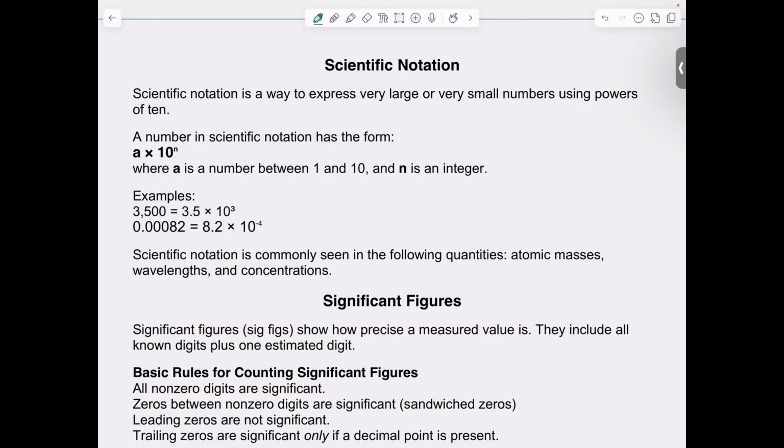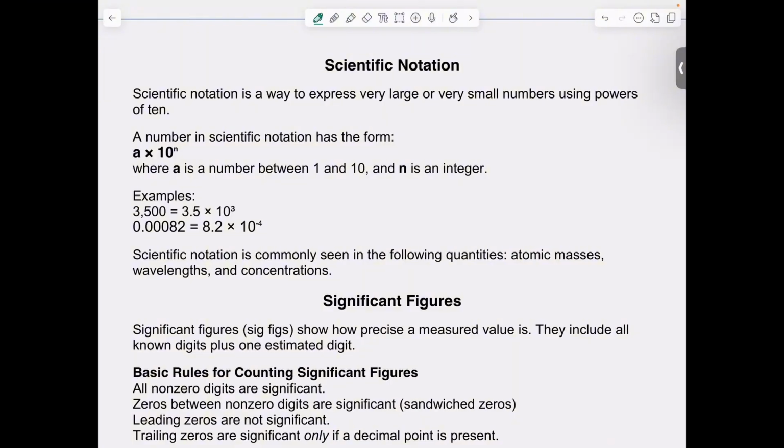Back to the topics at hand, we have scientific notation. This is a very common notation used in chemistry. A lot of times you're dealing with either really tiny numbers or really large numbers, depending on the topic or subject.